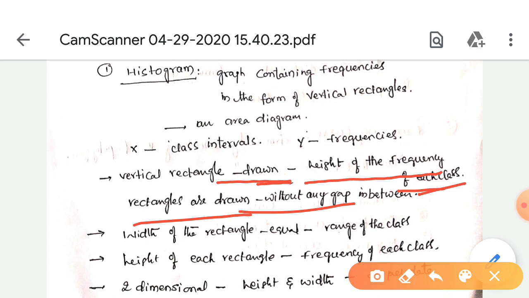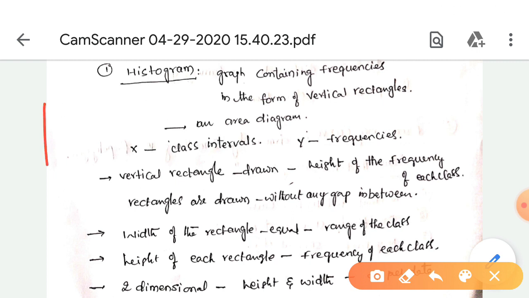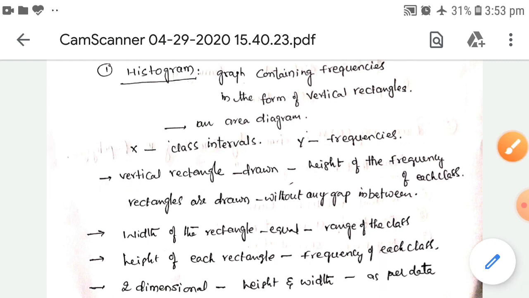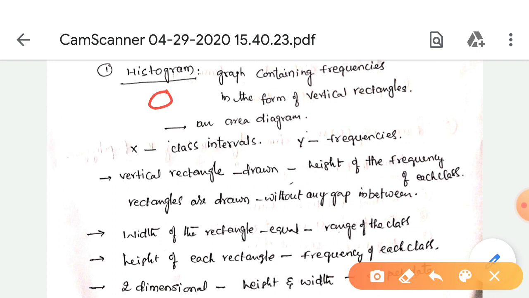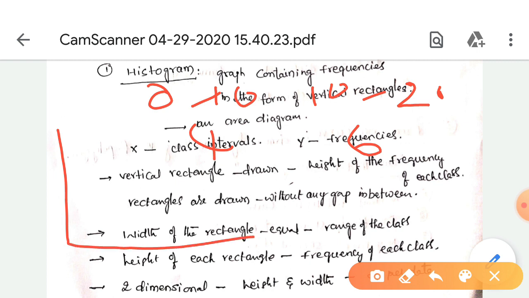This is the graph, and this is the first vertical rectangle. For example, take the classes 0 to 10, 10 to 20, with frequencies 4 and 6.